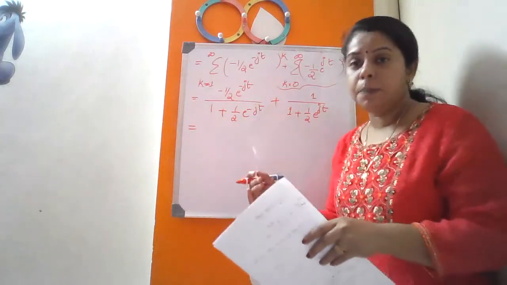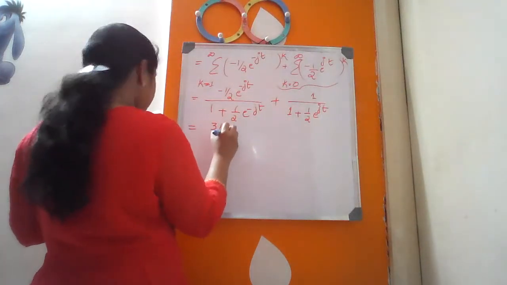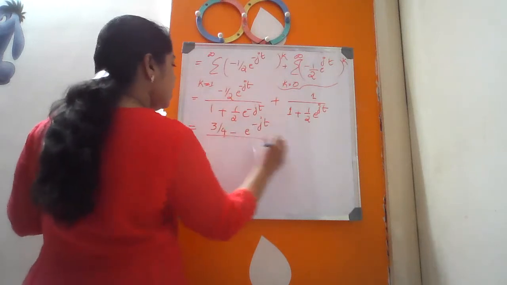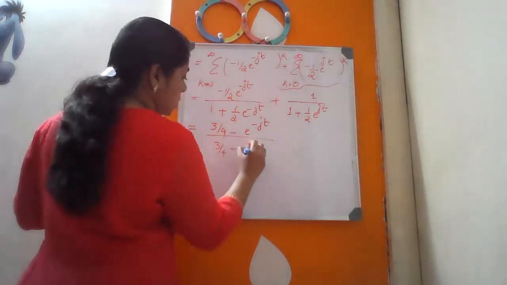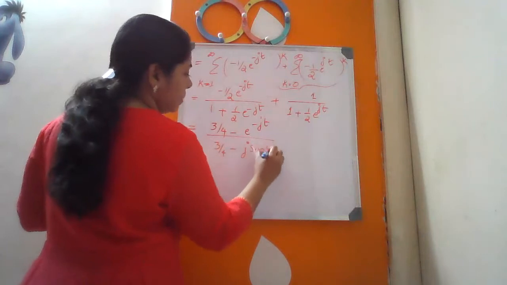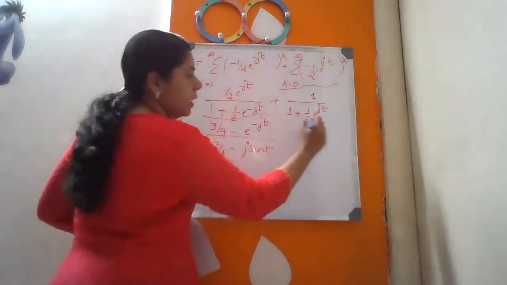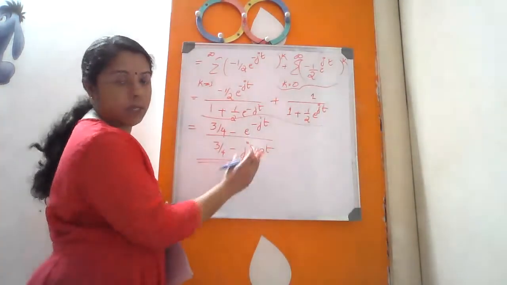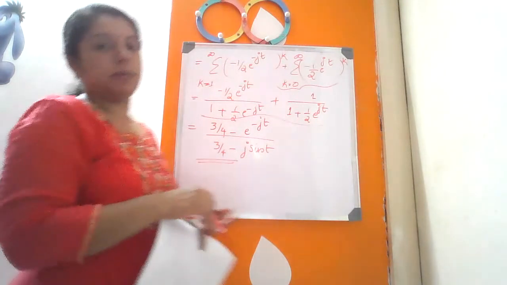So for that purpose I'm simplifying. If I cross multiply and simplify, I get the final answer as 3 by 4 minus e power minus jt divided by 3 by 4 minus j sine t. Up to this is correct only, but try to simplify it and write it in terms of sine or cos. After simplifying, this is the final answer I am getting.